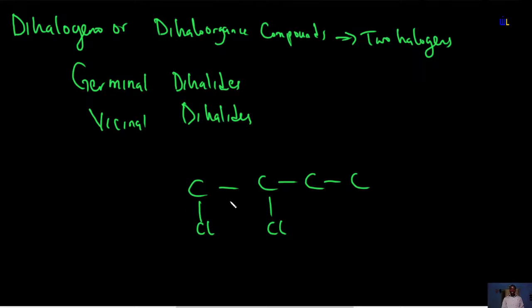So once the halogens of the dihalide are placed on adjacent carbon atoms, they are referred to as vicinal dihalides. So this is adjacent. Oh, the spelling, this is supposed to be GE, not GER. That's like germ. This is geminal, not GER.